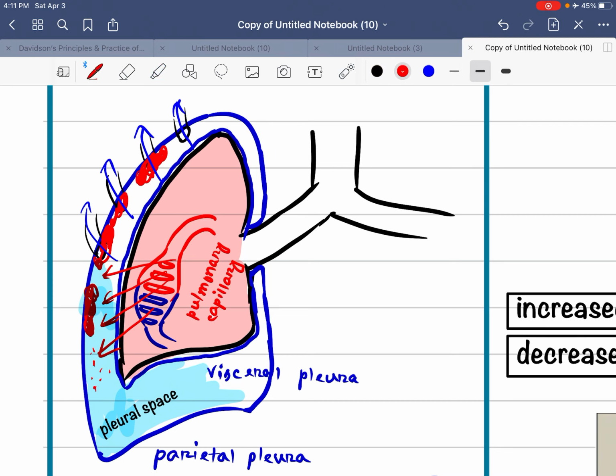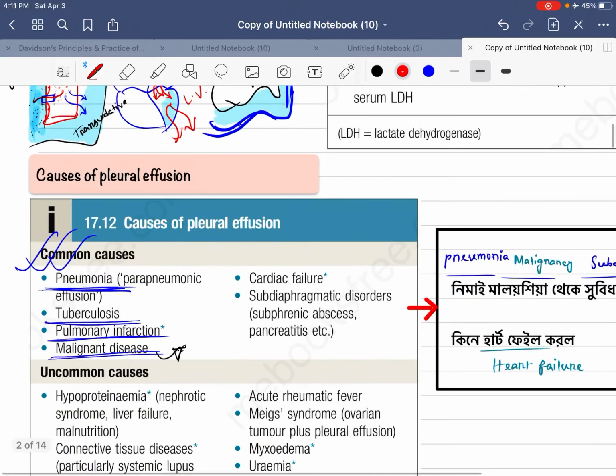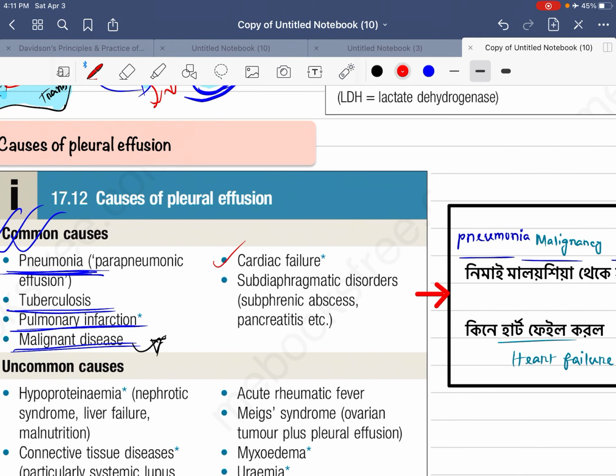That means we will get enough protein in this pleural accumulation, that's why we call it exudative pleural effusion. Okay, next one is cardiac failure.